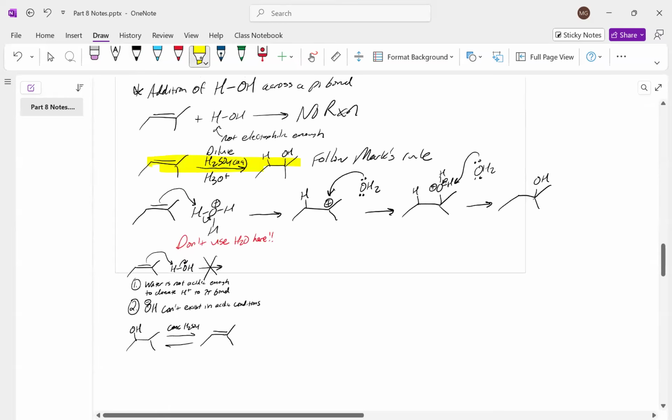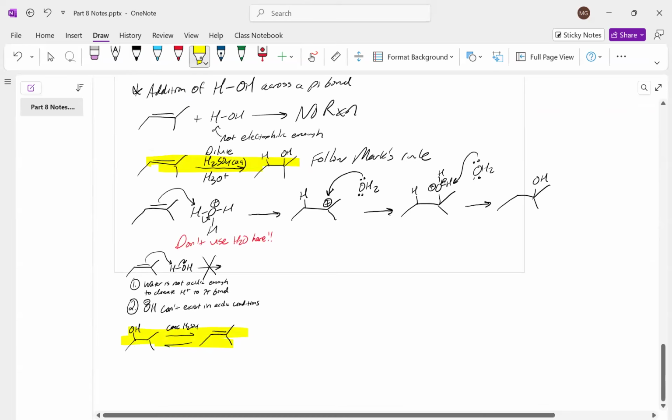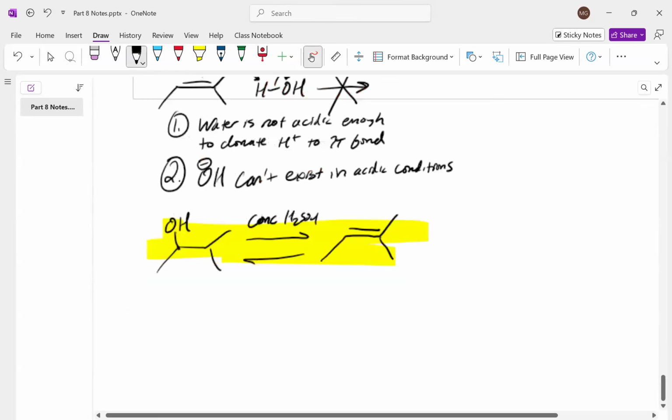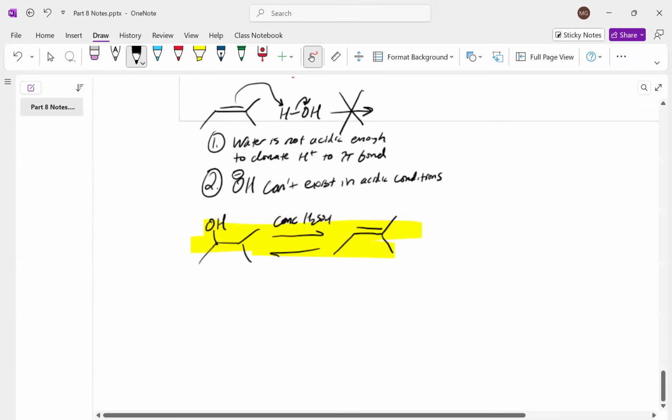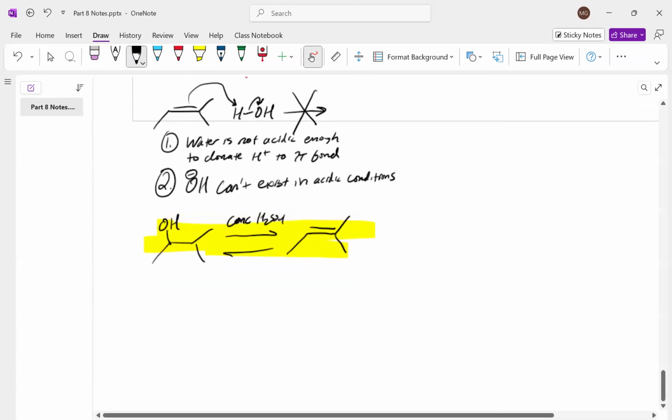Look at this and look at this. They're just reverse processes of each other. So this reaction that I just highlighted, this acid catalyzed hydration, is in an equilibrium with elimination. If I use concentrated sulfuric acid, it favors the elimination product.